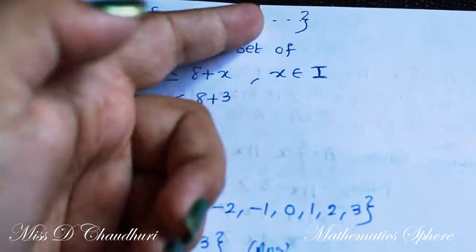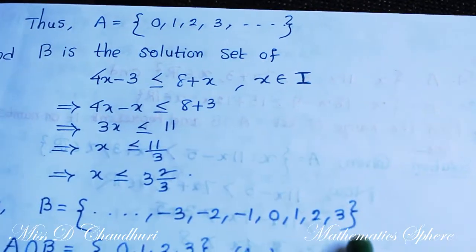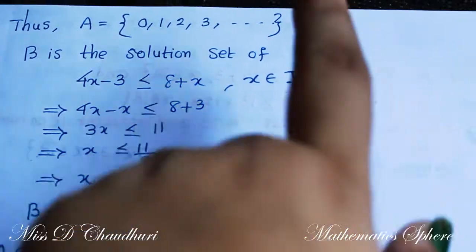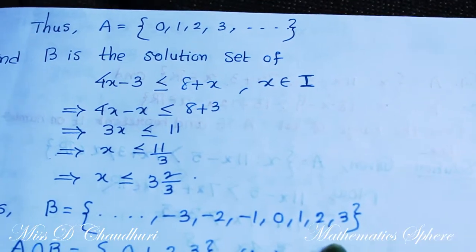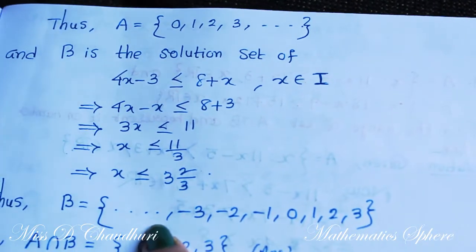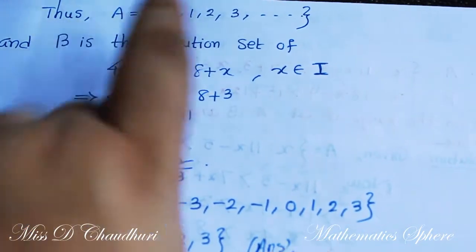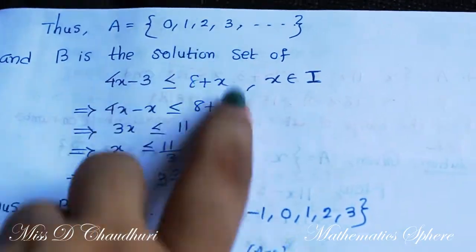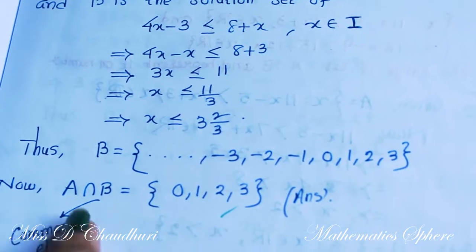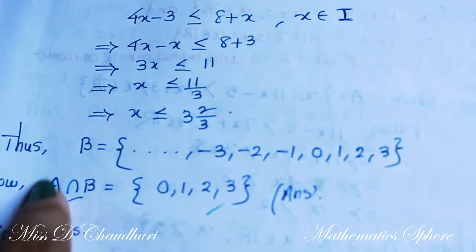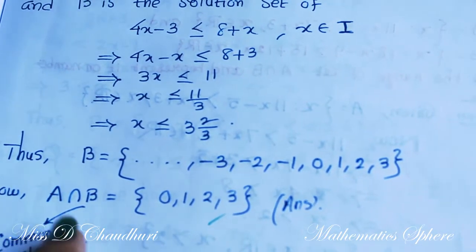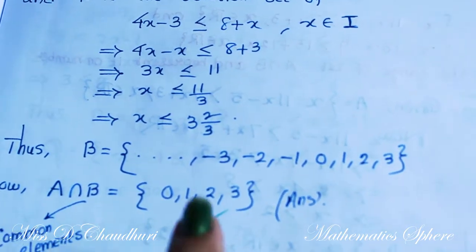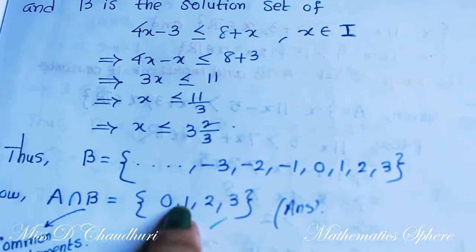But in A, 4 is also there, is 4 there in B? No. 5, 6, no. And minus 1, minus 2, minus 3, are those there in A? No. So the only common elements are 0, 1, 2, 3. Here also 0, 1, 2, 3. So ultimately this is the sign of intersection, this inverted U sign. The intersection is 0, 1, 2, 3.